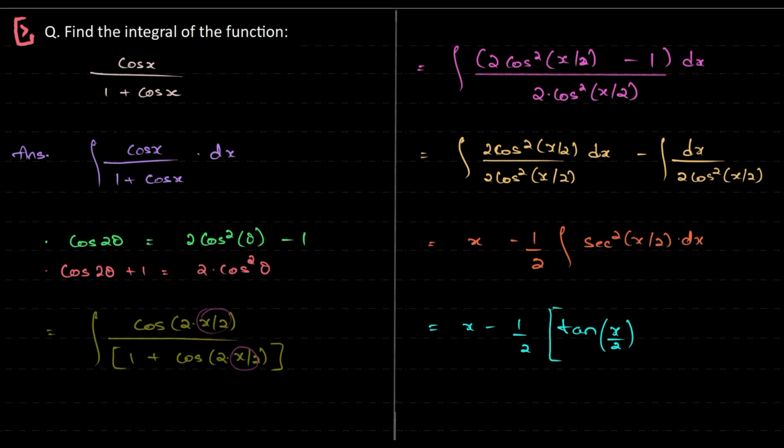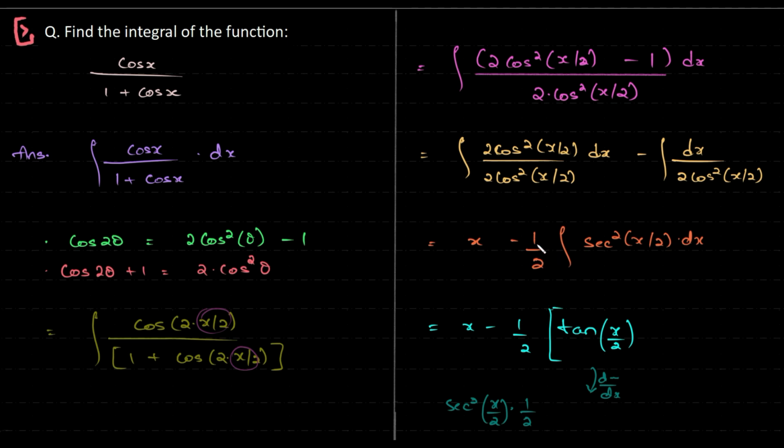Need this expression. But if I differentiate this, what will I end up with? We end up with secant square x by 2 into 1 by 2. Is it not? But here there's no 1 by 2. Actually there is.